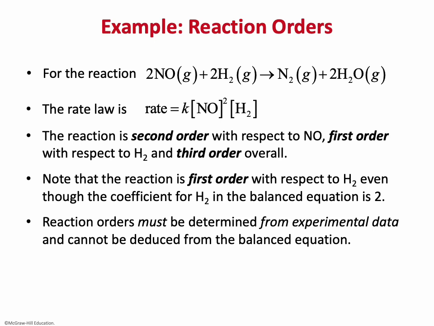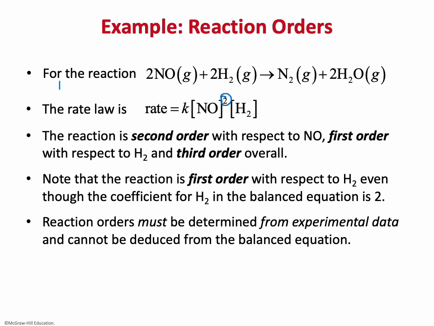Now, starting here, I'll be going over a lot of examples with you, so you guys can try these examples on your own and come back to the video whenever you feel stuck. Okay, so for example, for the reaction 2NO plus 2H2 gives N2 plus 2 water, the rate law is this, which means with respect to NO, it is second order.